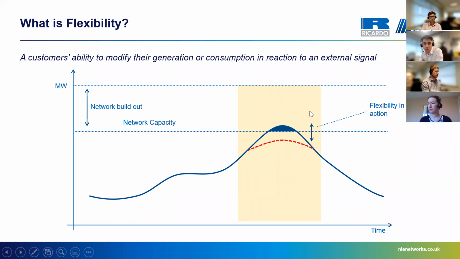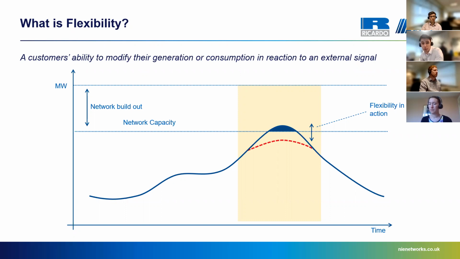Typically, we have a daily profile and we have peaks, particularly coming into this time of year, we have our winter peaks. And as Andrew mentioned earlier on, we would normally build out our network. This might mean adding a substantial chunk of capacity onto the network for what may be a very small or infrequent overload.